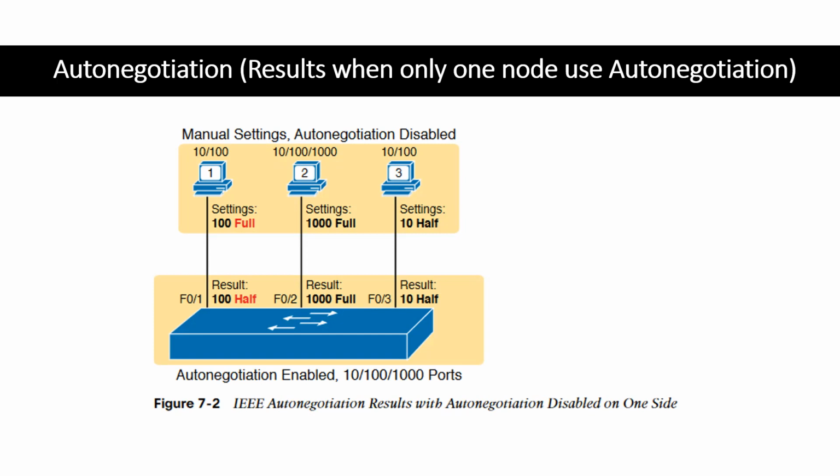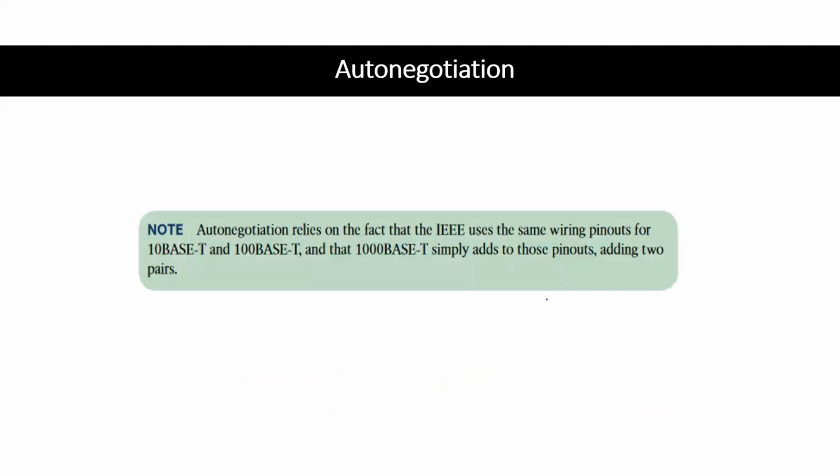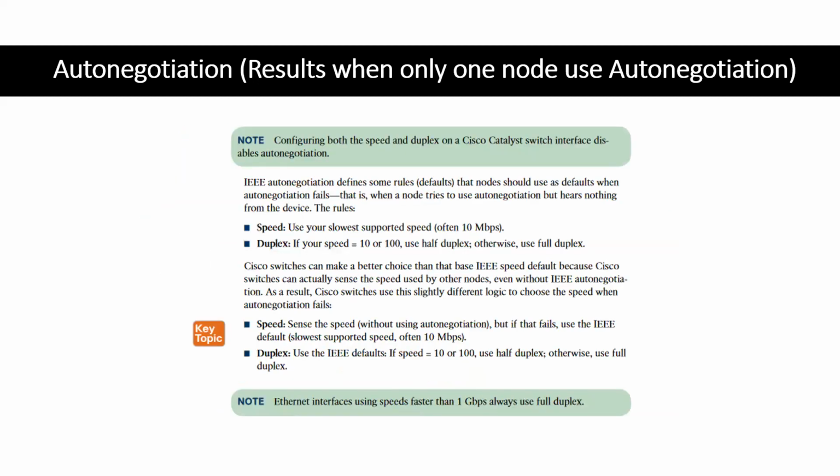If it didn't support 100 or 1,000, it would have defaulted to 10. It didn't support 1,000, so it went down to 100. But the duplex went to half, because look at the rule: if your speed equals 10 or 100, use half duplex. Otherwise, use full. So just remember that.